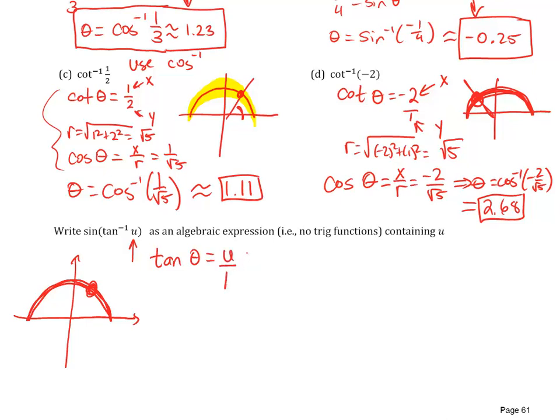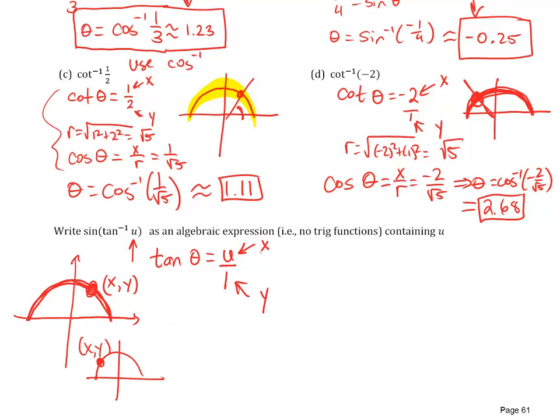Now if I write that as u over 1, I can call this top value x, which could be positive or negative if I had chosen the point on the other side. And let's let y be this one, and that's the coordinates of this point. And again, it would work the same if I had arbitrarily chosen a point over here. I would just let this be u comma 1 now.